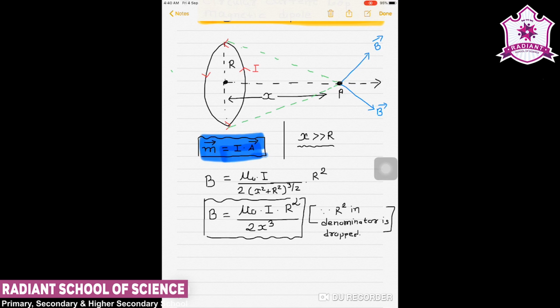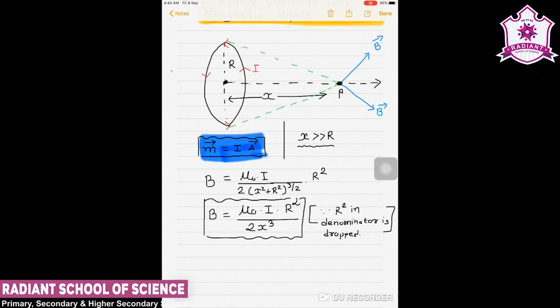Now for the loop, what will be the area of the loop? Obviously it is pi r square. So in this equation, pi is missing in the numerator as well as in the denominator.